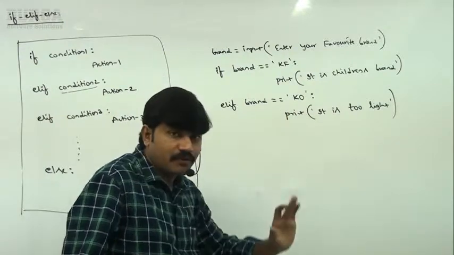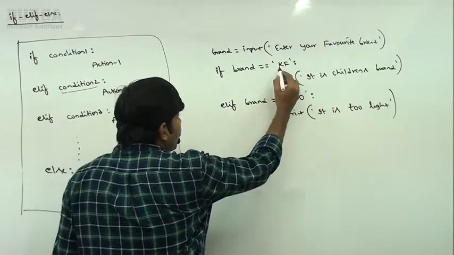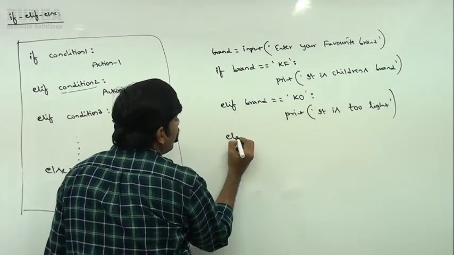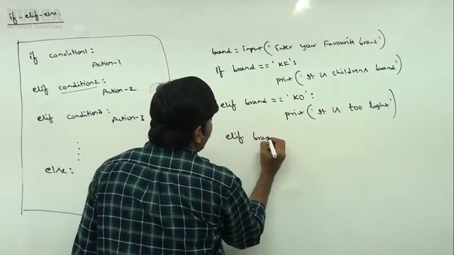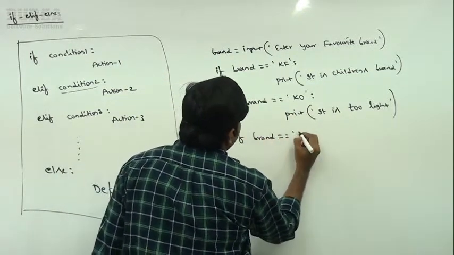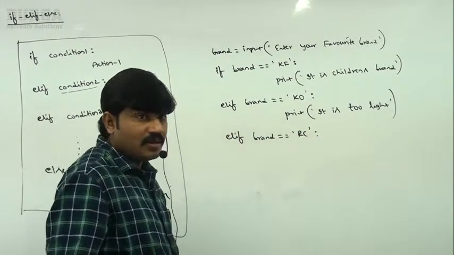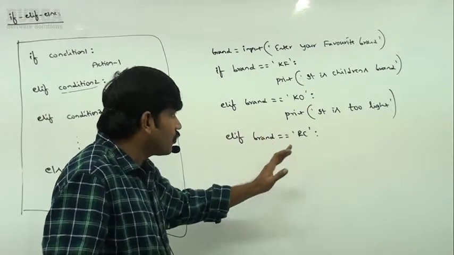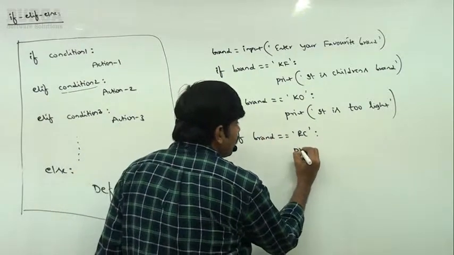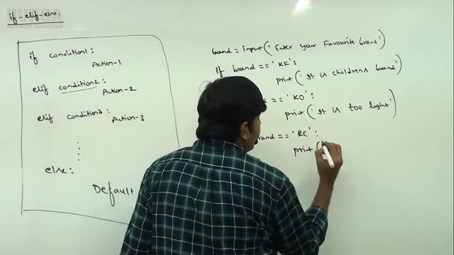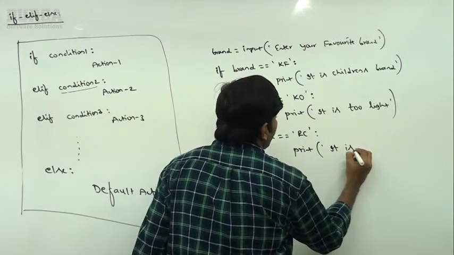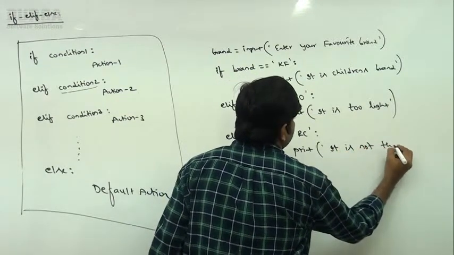If it is not KF, not KO, elif brand is equal to RC, Royal Challenge: print "It is not that much kick".